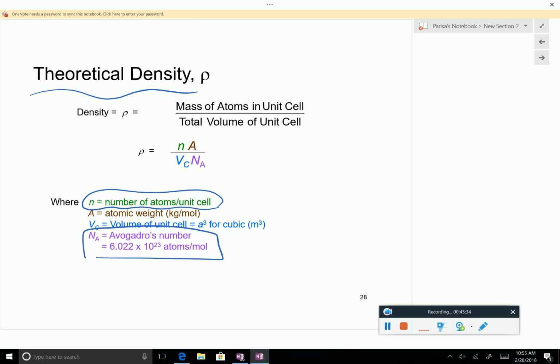How many atoms per unit cell? What is the relationship between A and R?